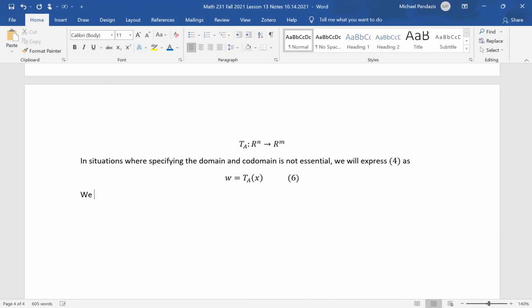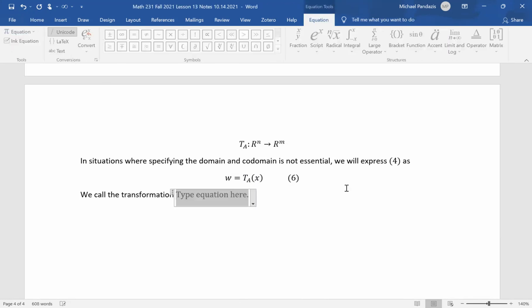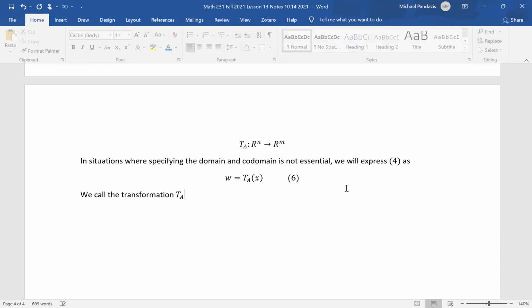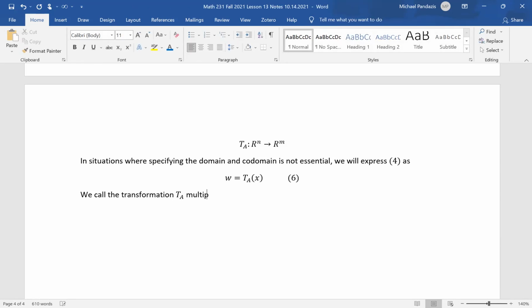So we call the transformation T sub A multiplication by A. Specifically, we mean left multiplication by A. You don't have a choice between left or right. It has to be left. So multiplication by A, for our purposes, means left multiplication by A, not the other way around.